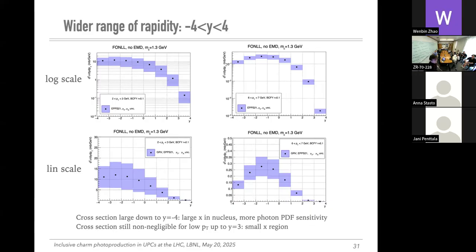Here, of course, one is testing more the photon structure function, if you wish. And so there is some dependence that comes up on the photon parton distribution. So that's interesting in itself.